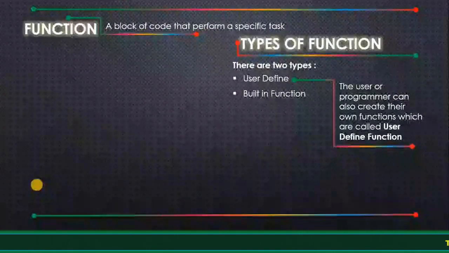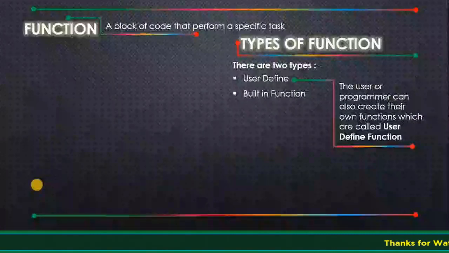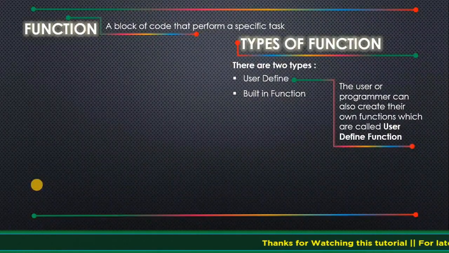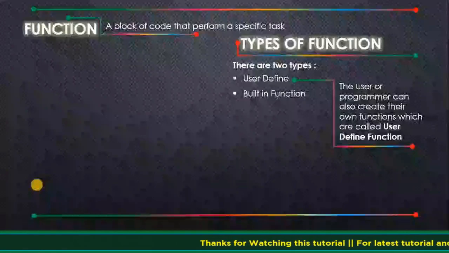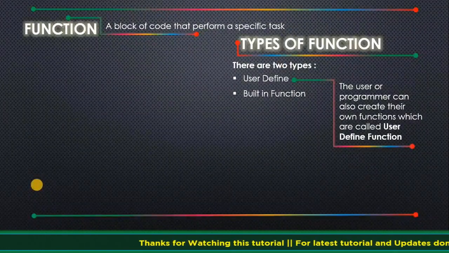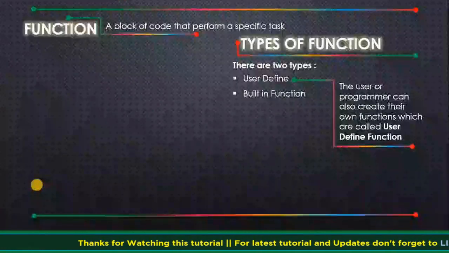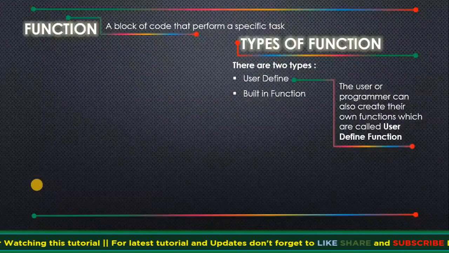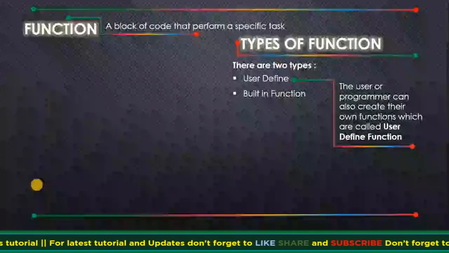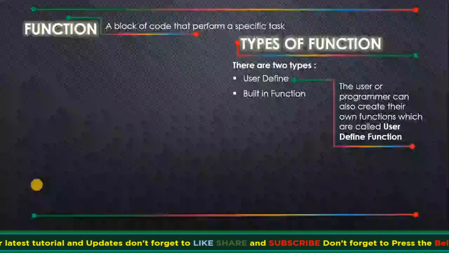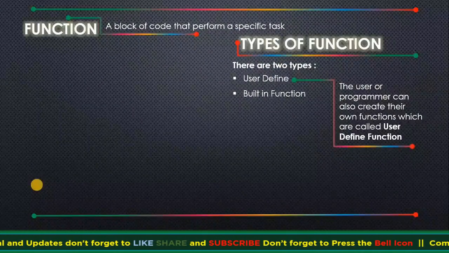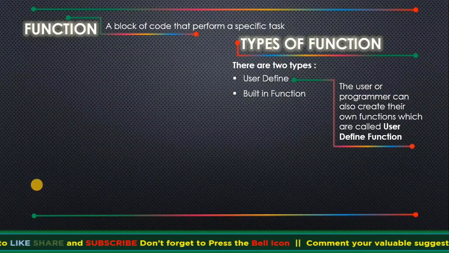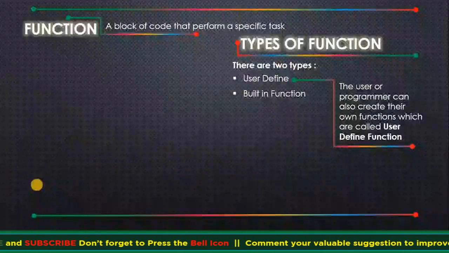A user like you and me can write the code depending upon the need, which may be related to arithmetic operations or anything else. Depending upon your work, you can create your specific function. You can give any name to the function, and whenever you call it, it will perform some specific task. As the name is given by the user, it is known as a user-defined function.